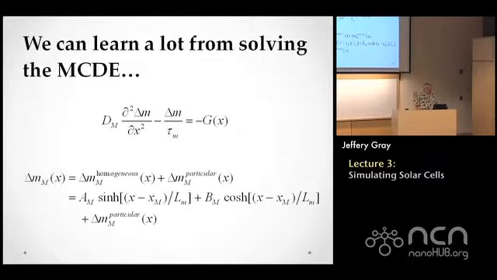Anyone who took a first differential equations course will recognize this as a second order differential equation, with the forcing function, which is the generation rate. You basically take the homogeneous solution, add a particular solution, invoke the boundary conditions, and solve for all of these coefficients.